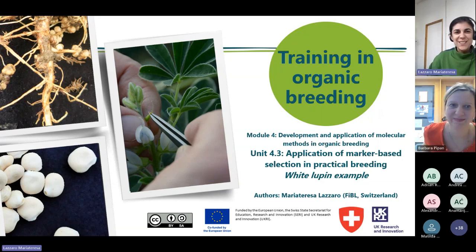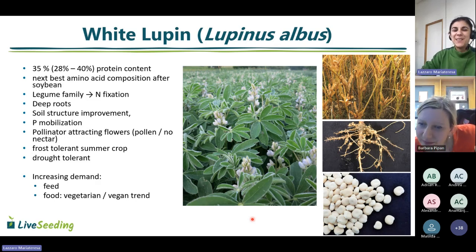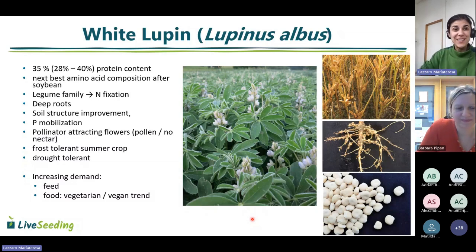So yes, from common beans to lupin beans, in this specific case a white lupin species, the Lupinus albus, as it is an underutilized crop. I intend to shortly present it. It gained the name of the soybean of the north for several reasons.